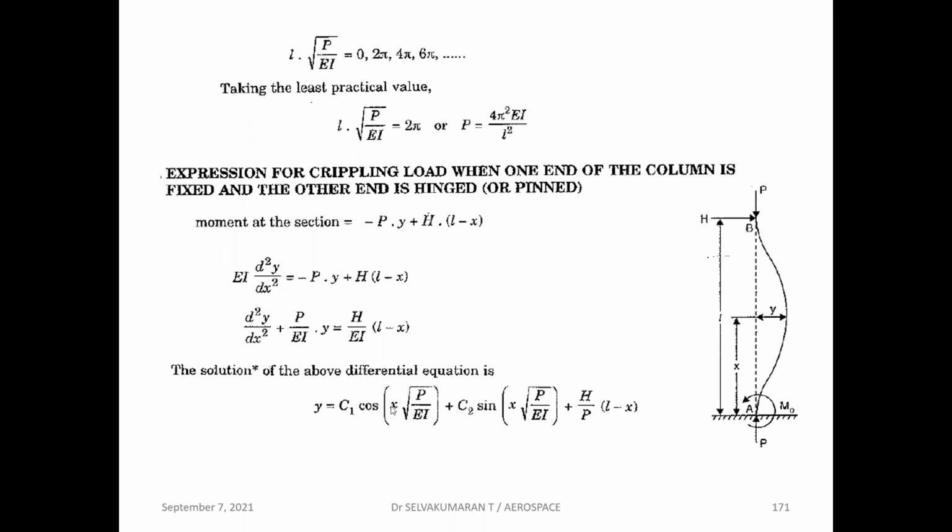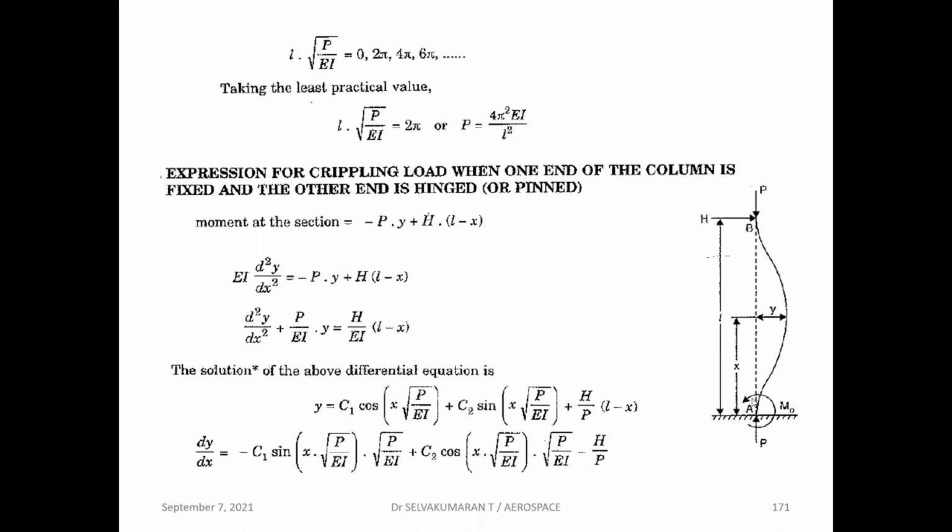These first two terms, C1 and C2, come into the picture whenever the right hand side term is 0. Whenever you get any right hand side term, you multiply it by EI by P and add it to the existing general solution. Now this is the solution.